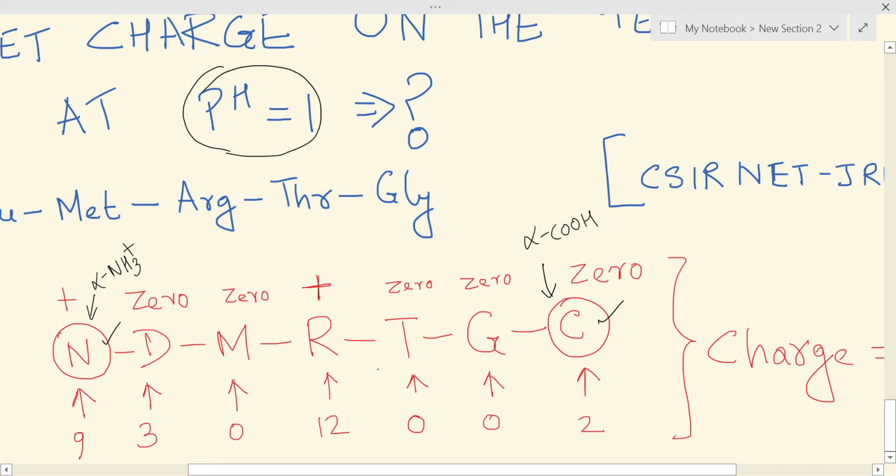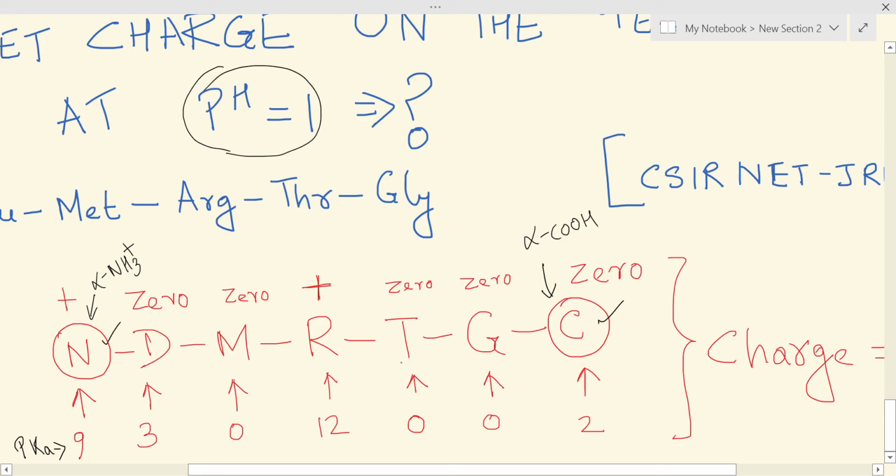Now what I have done, I have written the pKa values for all these groups. So alpha NH3 plus will have pKa2 as 9. Aspartic acid has pKa3 as 3. The pK value for methionine is 0 because methionine is non-polar. Arginine has pK3 value as 12.